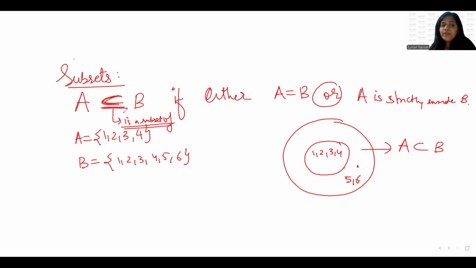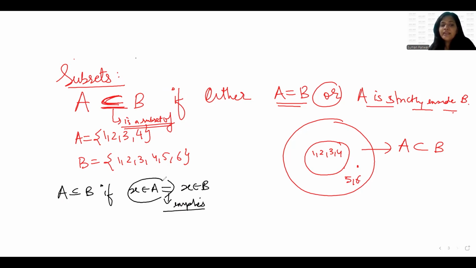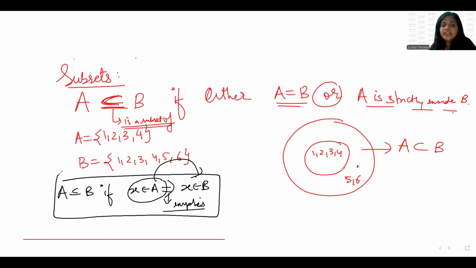A is a subset of B if either A is equal to B, if both the sets are the same, or A is strictly inside B. Mathematically, A is a subset of B if X belongs to A implies X belongs to B. This means implies. That means if you pick an element in A, it has to be inside B. That is the meaning of this particular statement.